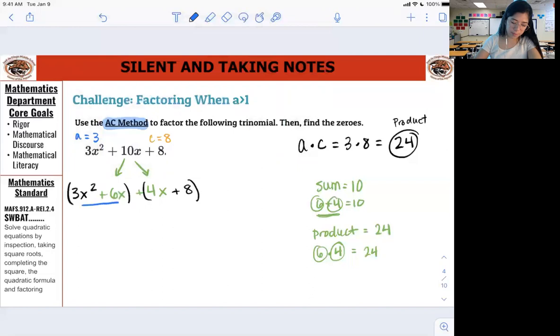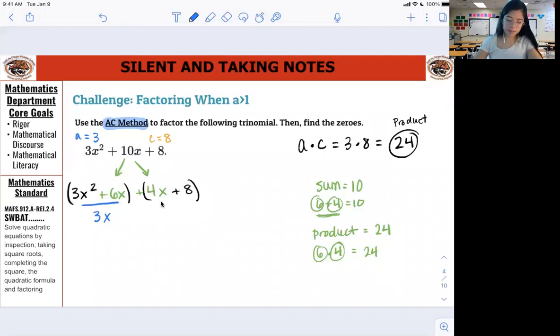So these are divisible by 3, and what else are they divisible by? I'm still talking about these. X. X, 3 and X, because they both have an X.